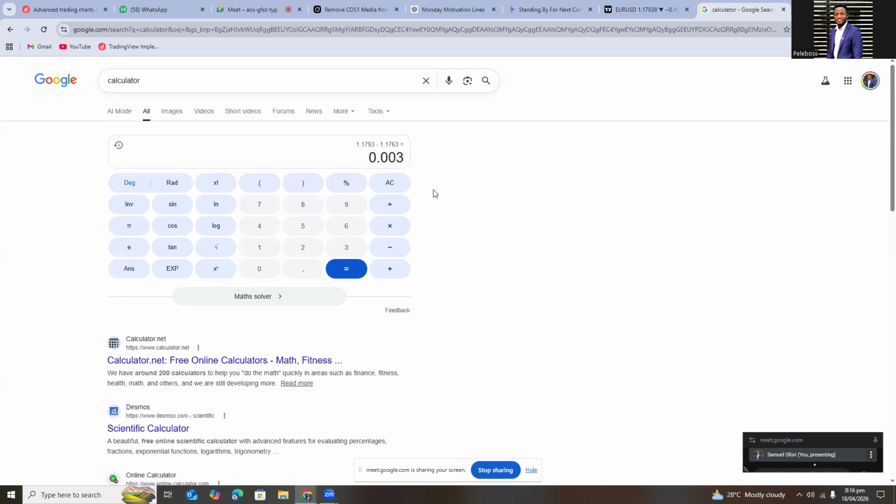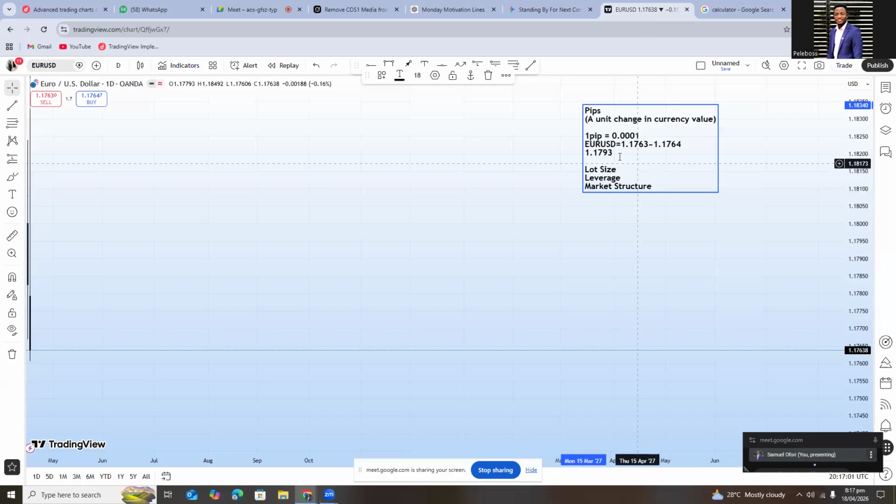It's supposed to be 30, but because the zero is insignificant, it cuts it to 3. So the difference is 0.0030.